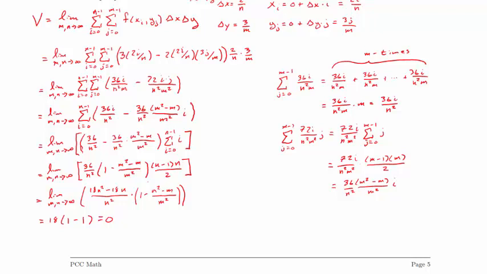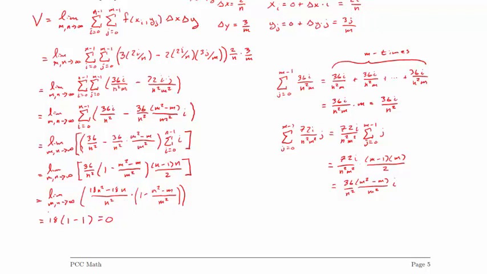And then reducing and simplifying a bit here, I get that this equals the limit as m and n go to infinity of 18n squared minus 18n over n squared times 1 minus m squared minus m over m squared, closing up our parentheses here. And I got that by reducing the 36 and the 2 and distributing this n across the n minus 1 and multiplying then by that 18 that I got from reducing.